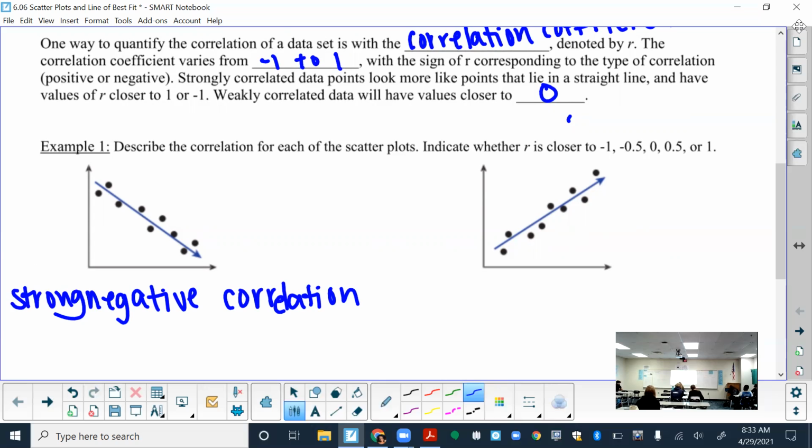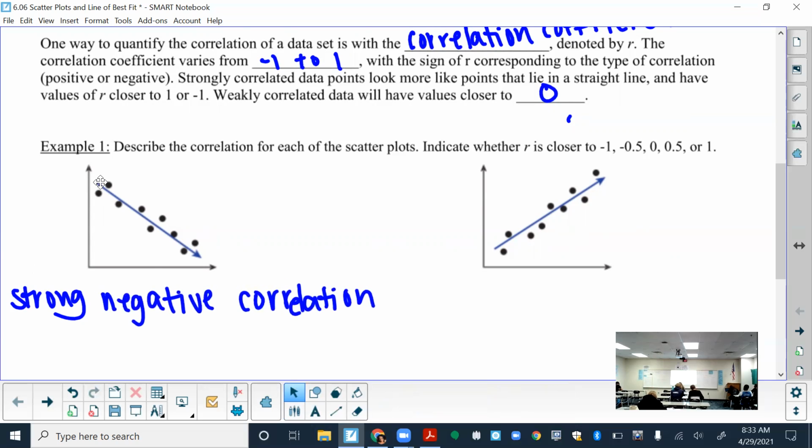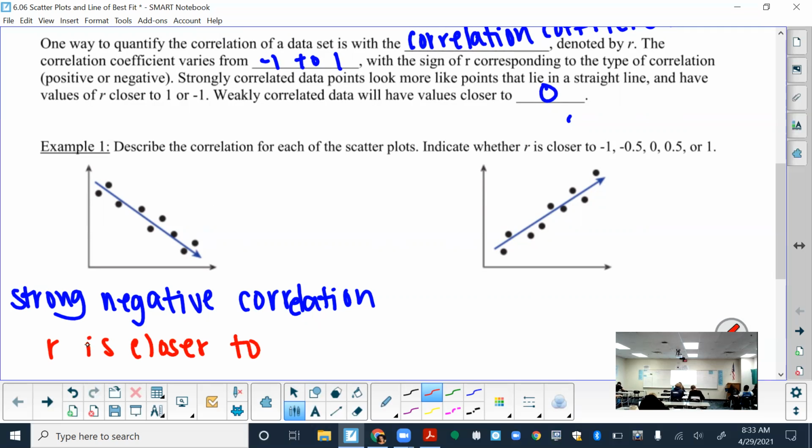Good. So since they're all going down almost at the same rate, they're all really close to that line, we can say that it's strong negative correlation. So if you had to predict that R value, what would you say the R value is close to? Would it be closer to -1 or 1?